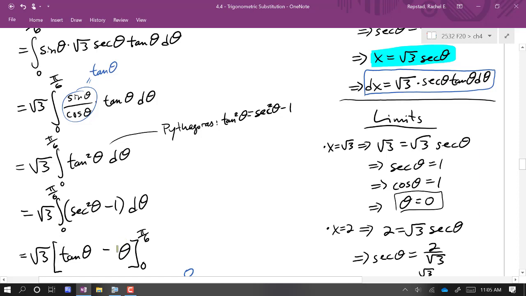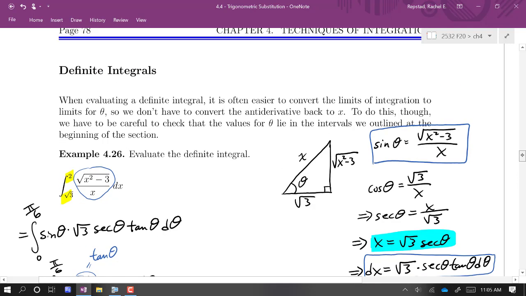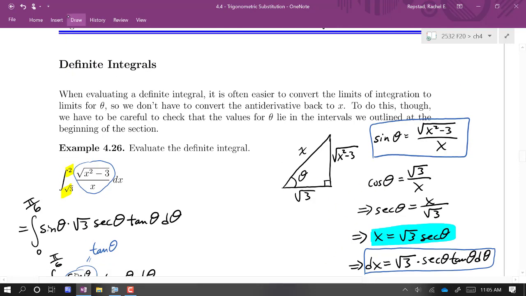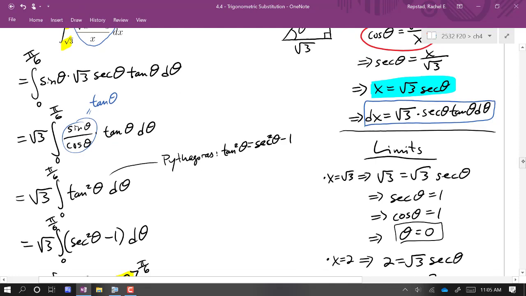And then for theta, getting an expression for the actual angle theta would involve an inverse trig function, and probably easiest done by going back to this expression here. If cosine theta is root 3 over x, then that means that theta is arc cosine of root 3 over x. Okay.